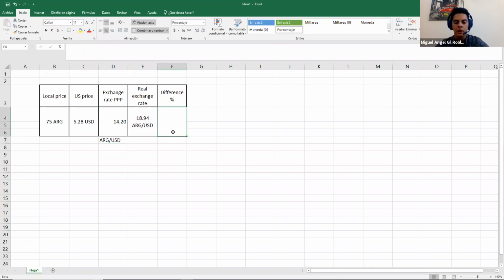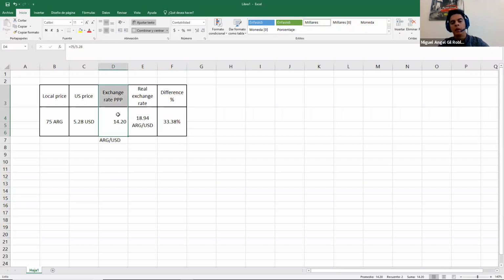First you calculate the difference: 18.94 minus 14.20, and you divide that difference over 14.20. This gives you a difference of plus 33.38%.